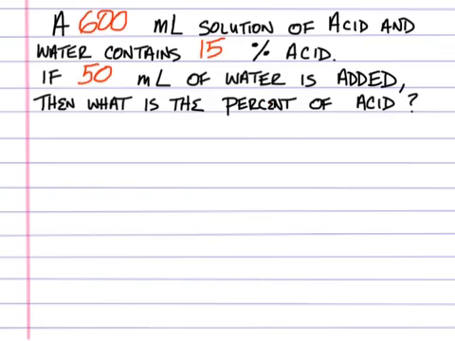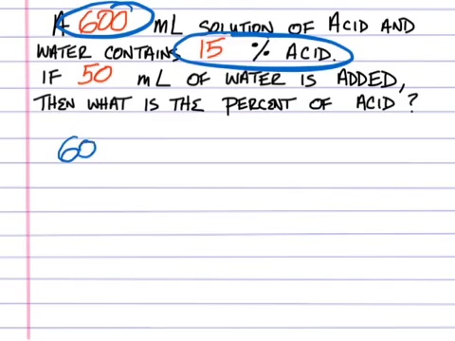Example number 2. A 600 milliliter solution of acid and water contains 15% acid. If 50 milliliters of water is added, then what is the percent of acid? Start by multiplying 15% by 600. This will let us know how much acid we have in milliliters.